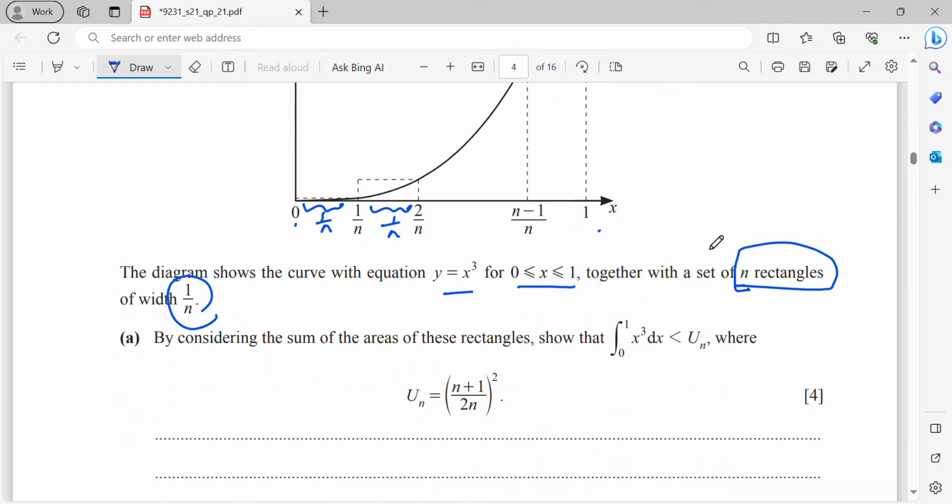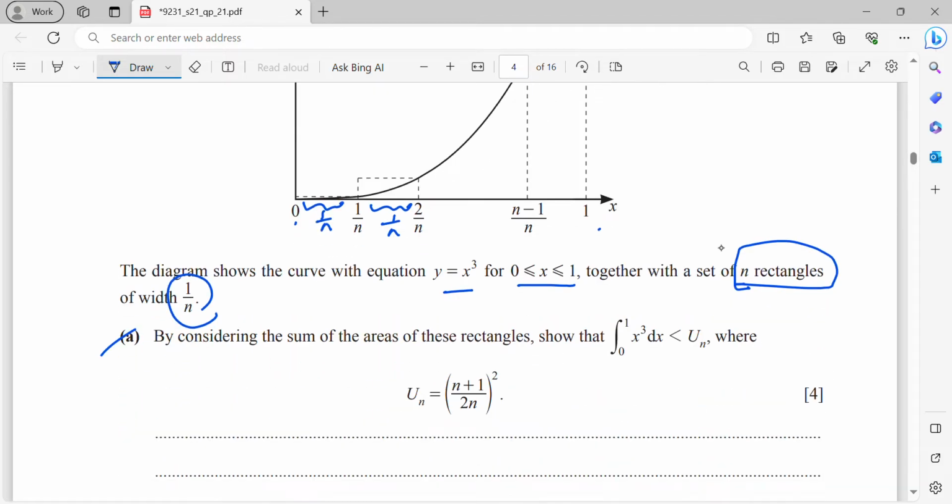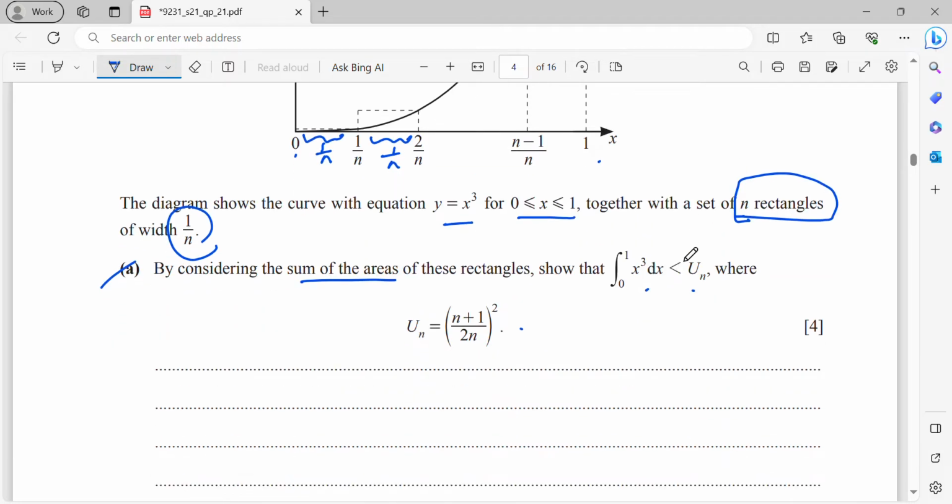Alright. So now A, by considering the sum of the areas of these rectangles, show that the integral is less than U_n, whereby U_n is this. Alright, so now I will start with the sum of areas of the rectangles.